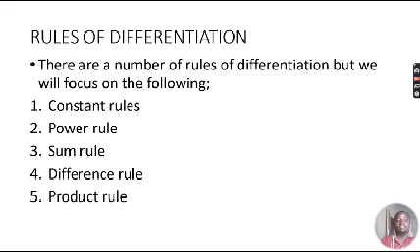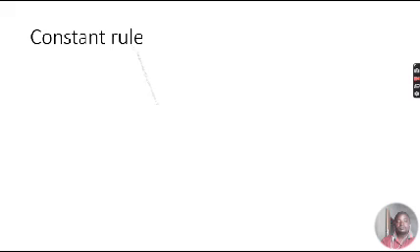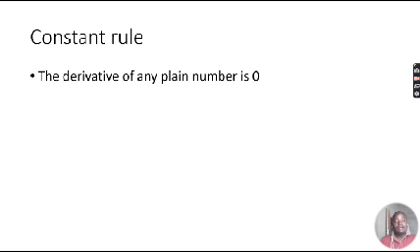Okay, let's go on and talk about the constant rule. Now, what is the constant rule all about? The constant rule states that the derivative of any constant number is 0. So when you differentiate any constant number, what you get is 0.